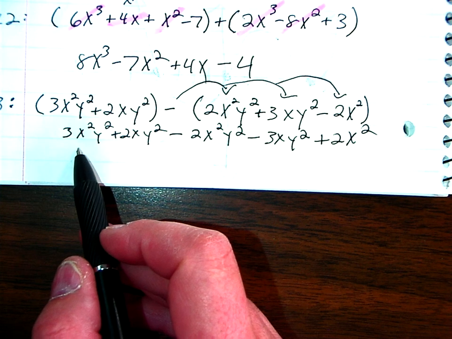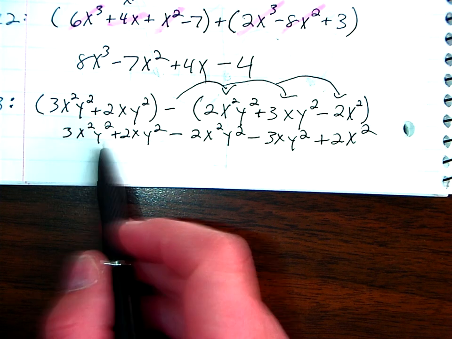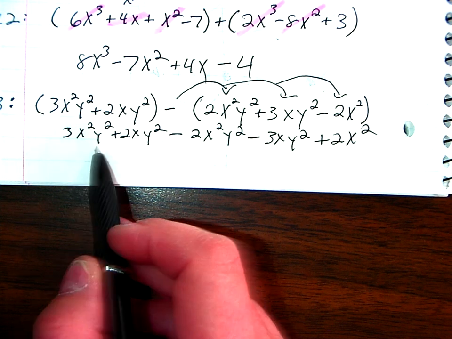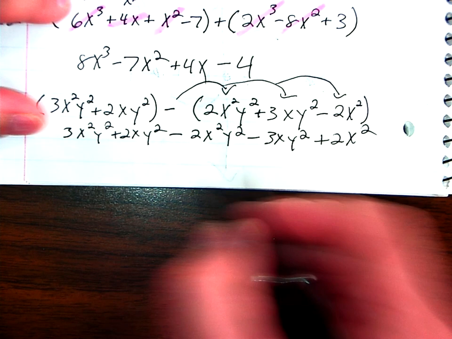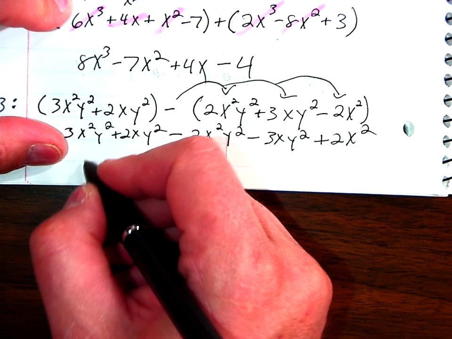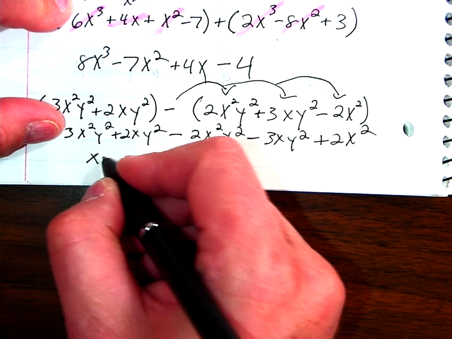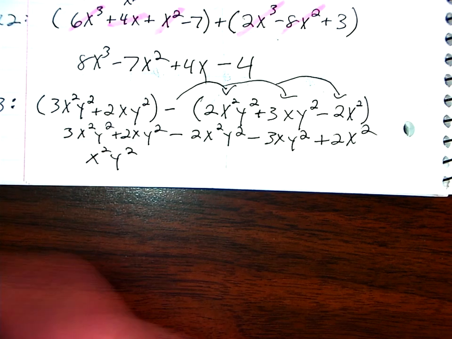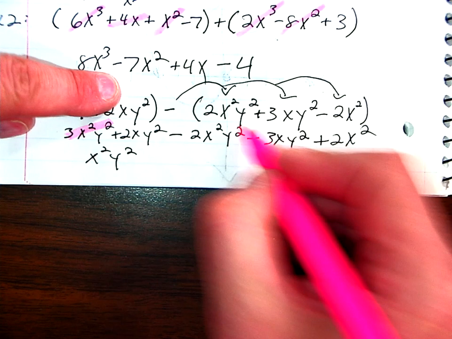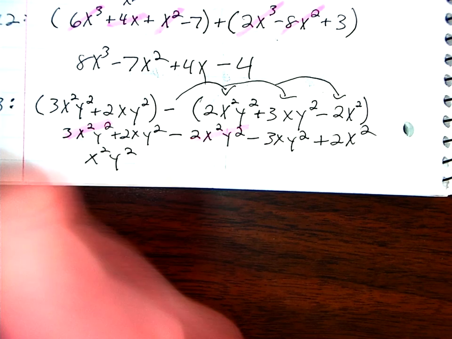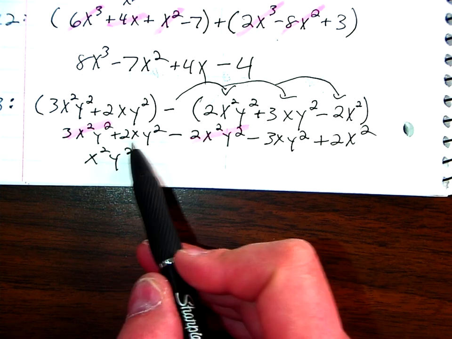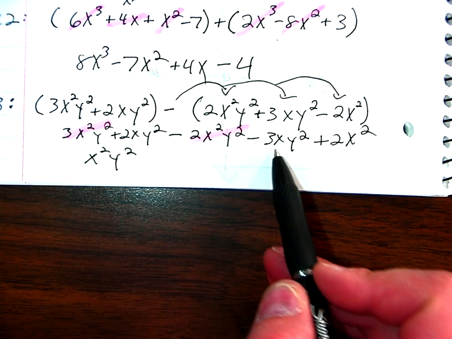3x squared, in order to be a like term, it needs to have the same exact variables and the same exact exponents. Do I have any other x squared, y squareds? Yes. So 3x squared y squared minus 2x squared y squared is simply 1x squared y squared. So that was just the first one, right? Yep. Do I have any other xy squareds? Right here, xy squared.